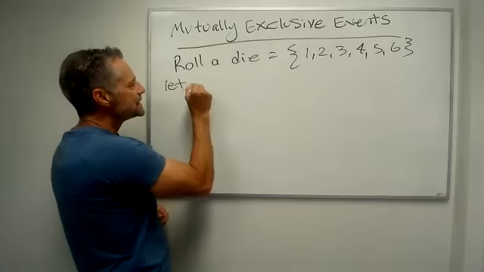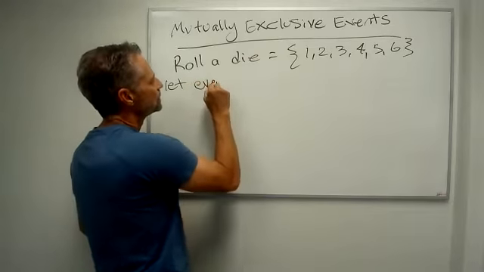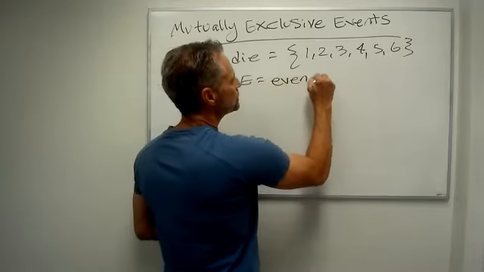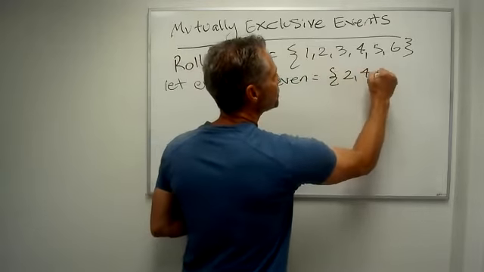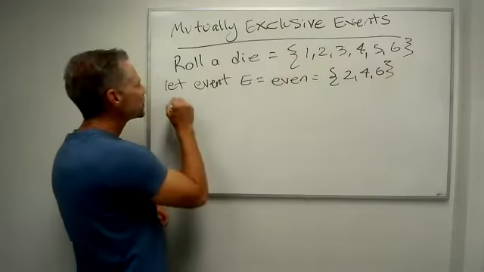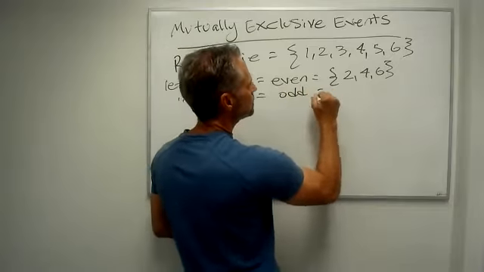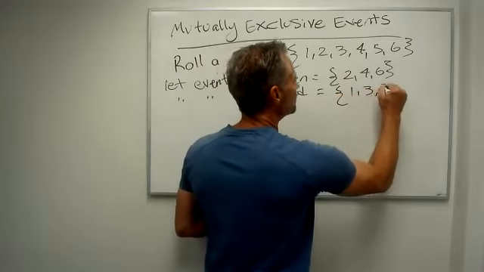Let event E be that they're even. So in that case, it can be 2, 4, or 6. And we're going to let event O be that they're odd. So 1, 3, or 5.